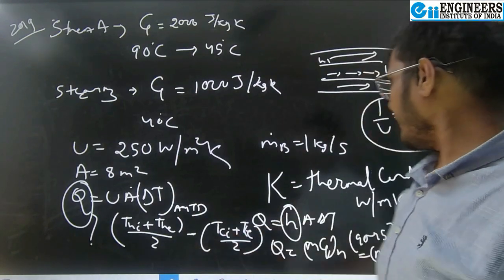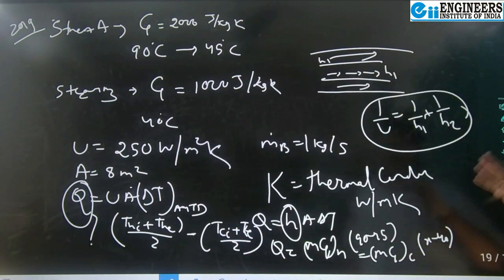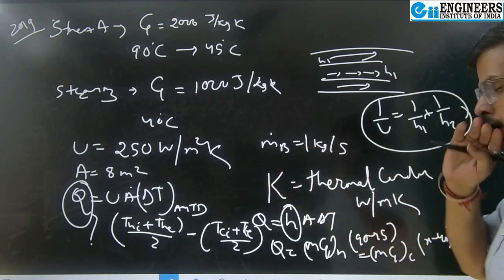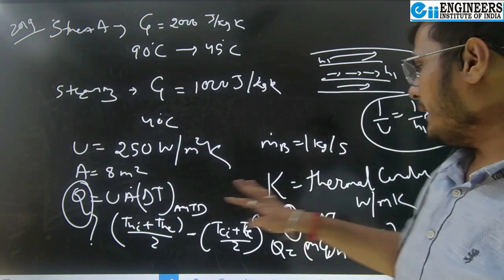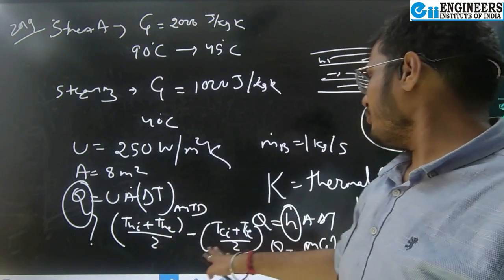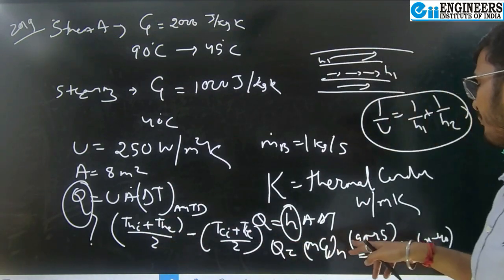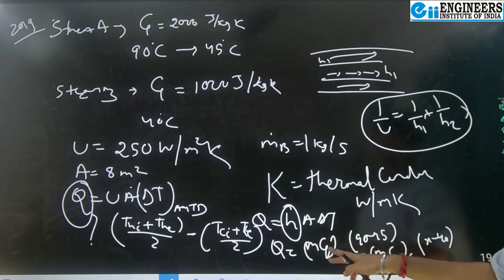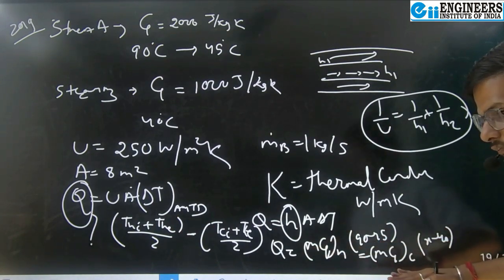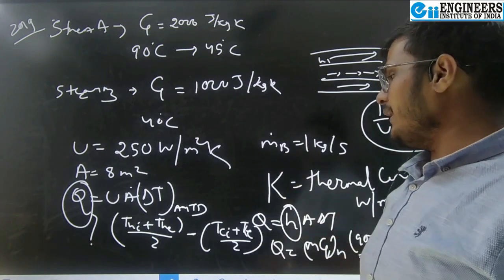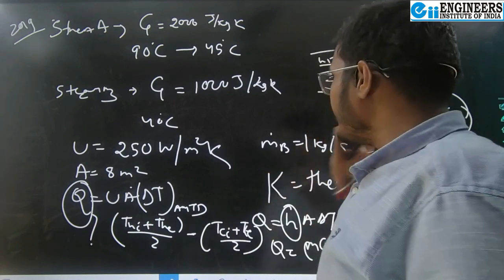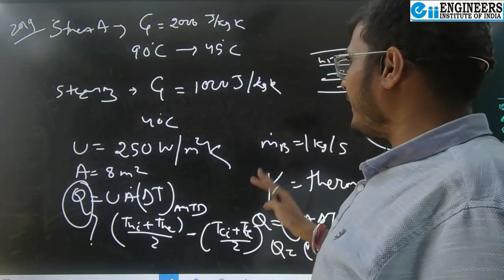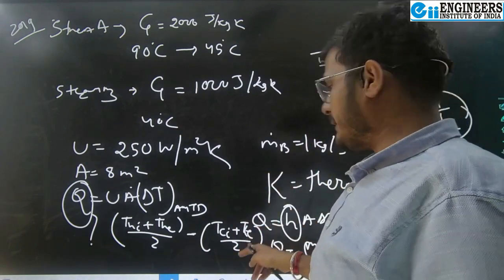Here there is one equation, another equation, two equations and two unknowns. We can easily solve it. In these two equations, first we have to calculate the value that is not known to us. So the first value that is not known to us is the TCE.